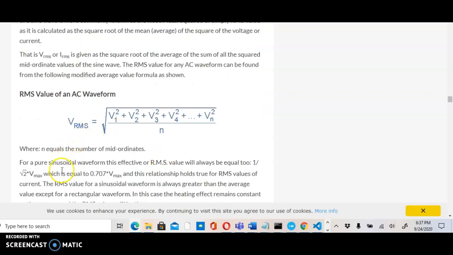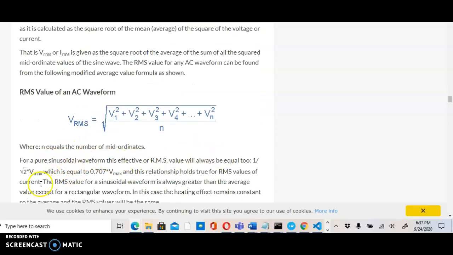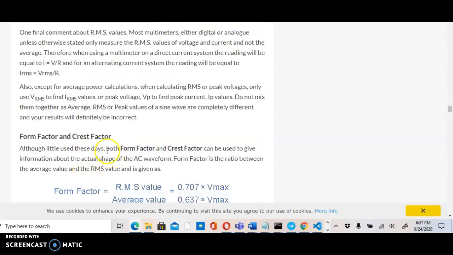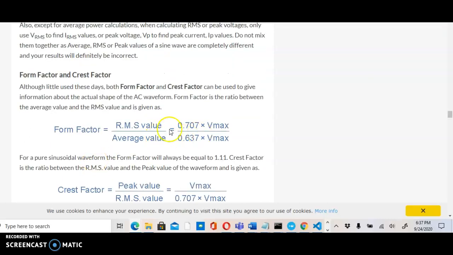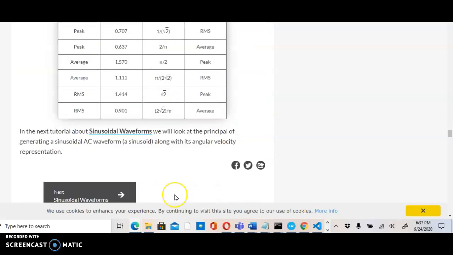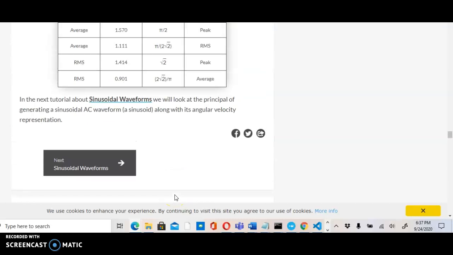To figure out the RMS value, you multiply Vmax by 0.707, and the average is 0.637 times Vmax, for a sinusoidal wave.